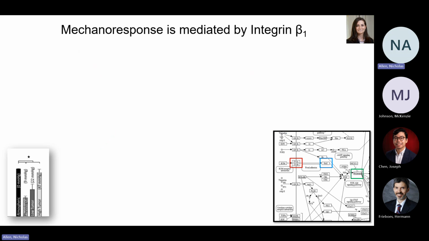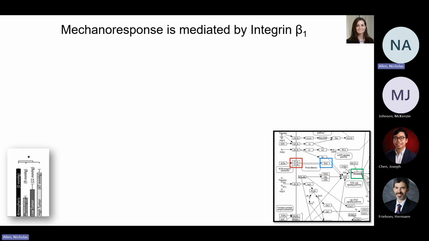So we wanted to understand what was causing this change, and our hypothesis was that it was these 3 parts of the pathway. So this, again, is that KEGG diagram, and here's the cell membrane. This is integrin A or integrin B, and our hypothesis was that this was initiated by integrin beta 1.